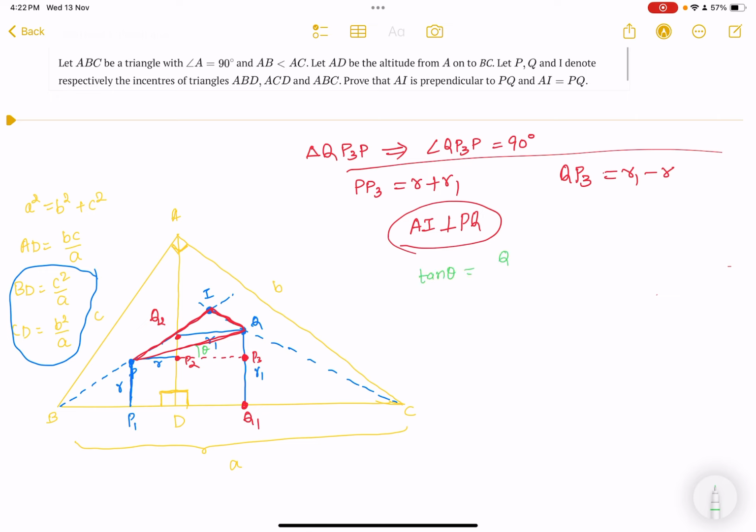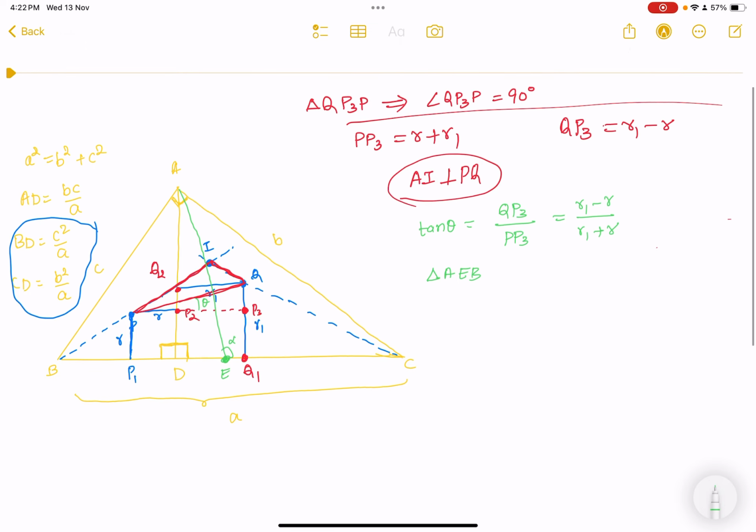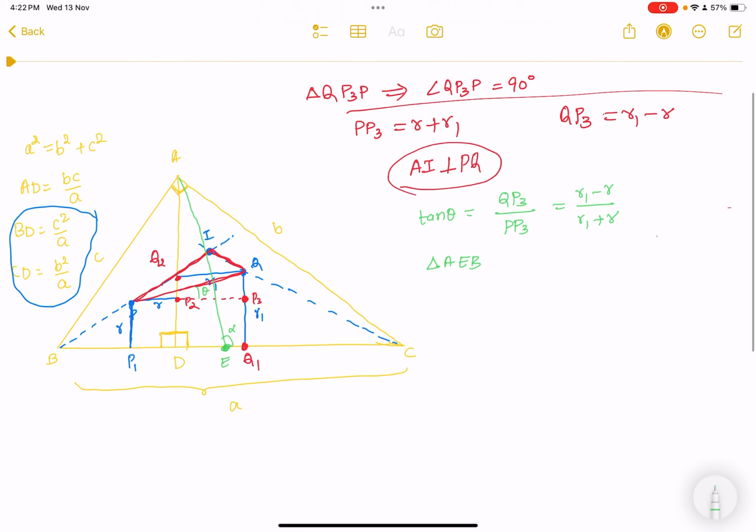Tan theta is equal to QP3 upon PP3. QP3 is equal to R1 minus R. PP3 is R1 plus R. Now let's connect A and I. This angle is alpha. So we have to find out alpha. Let this point be E. If we consider triangle AEB, the sum of angles is 180 degrees.